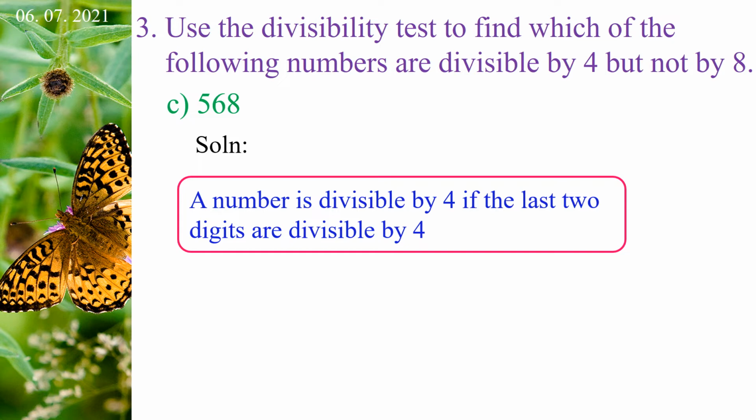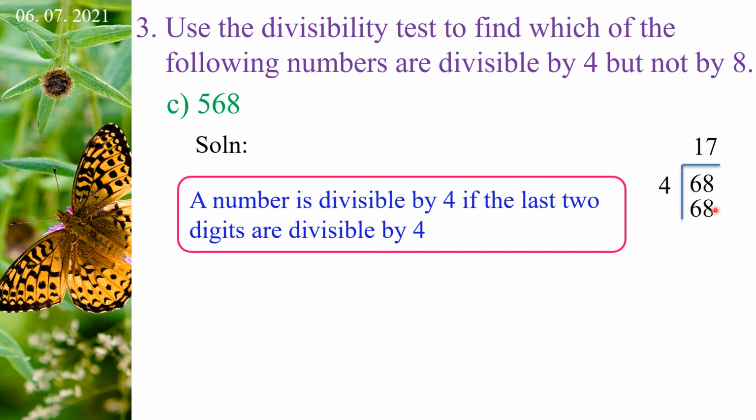So in the given sum, the last two digits are, what is that? Very good, 68. So now we will check whether 68 is divisible by 4 or not. Here 68 is the dividend, 4 is the divisor. 17 fours are 68.